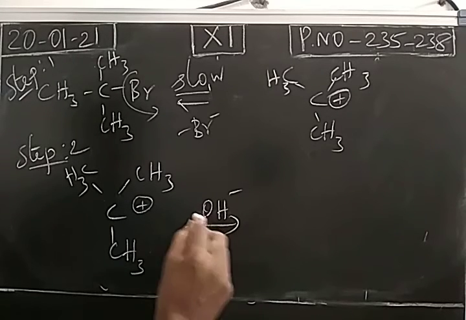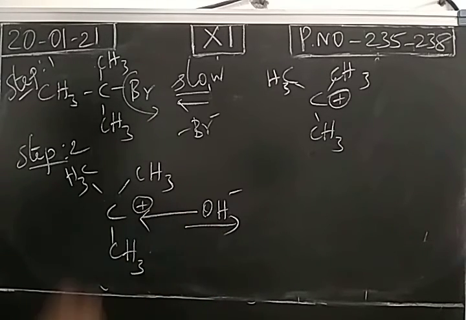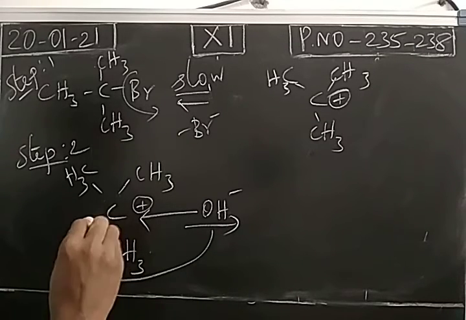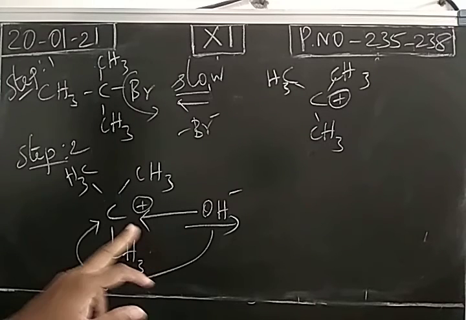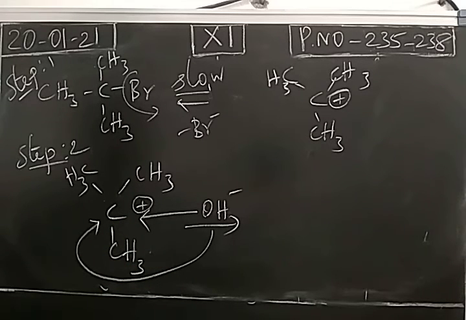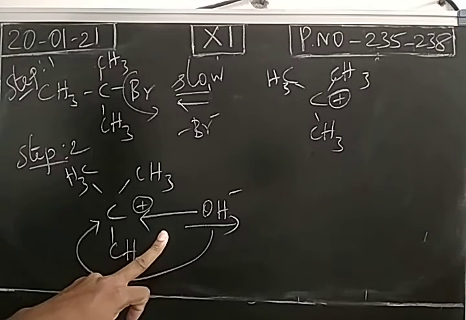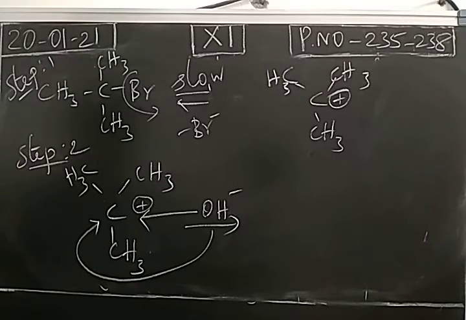Either the nucleophile can attack the head carbon from the front side, or it can attack from the back side. So there are two possibilities. Because of this you will get a mixture of products.